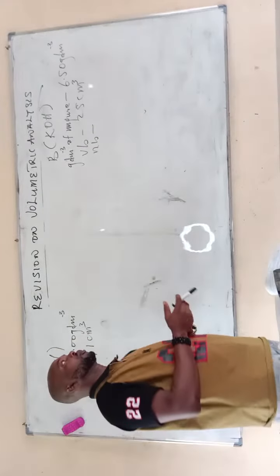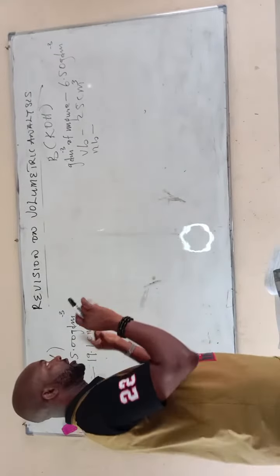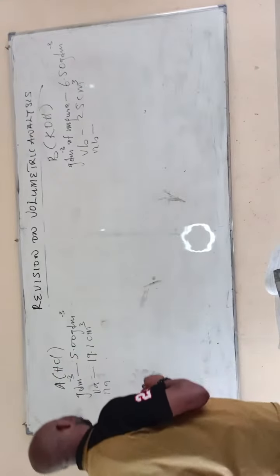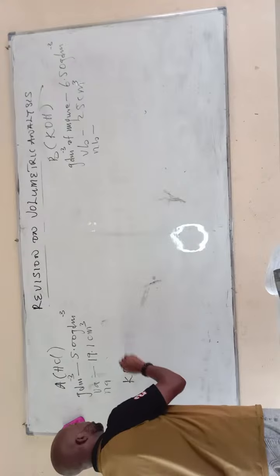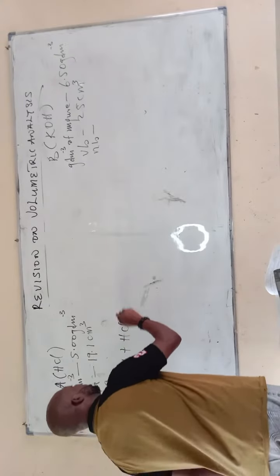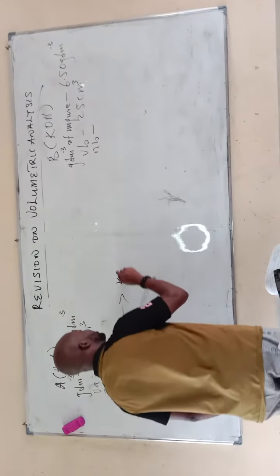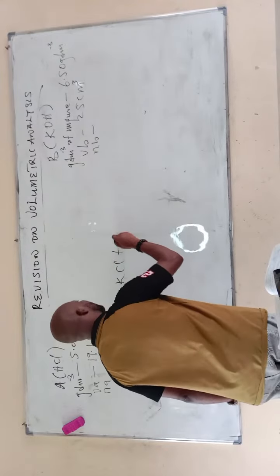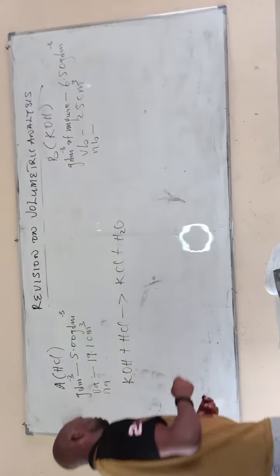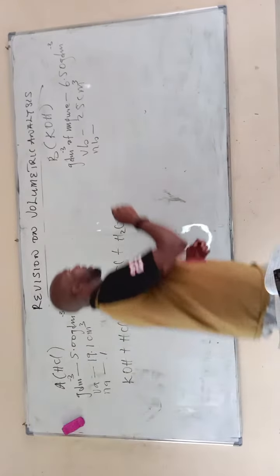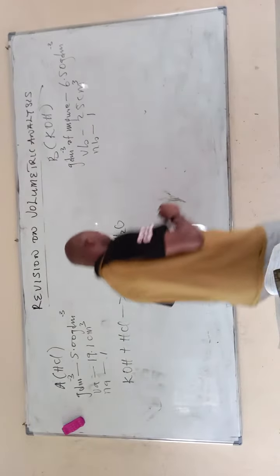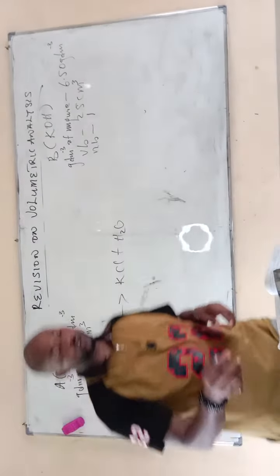So we are balancing our equation. We have potassium hydroxide plus HCl gives potassium chloride plus water. NA is 1 and NB is 1. So if that is true, let's proceed.